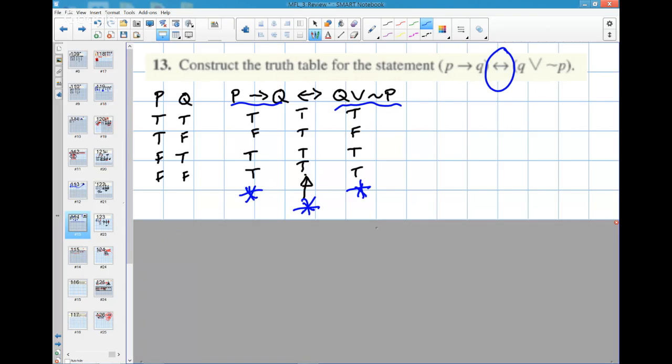So like anything, more complicated is just what? Small parts put together. And that's the way you need to think about it and attack it. If you try to do everything at once, it's a pile of garbage. But if you take it piece by piece, it just follows the rules.